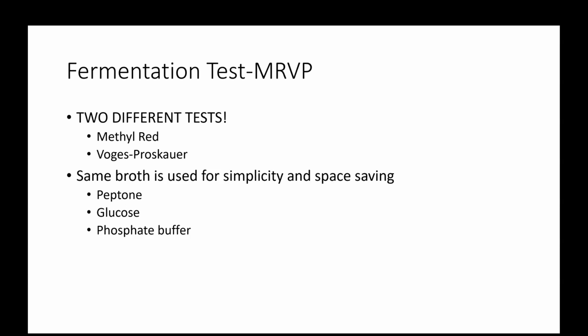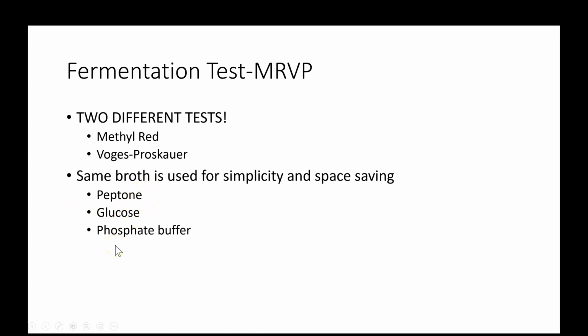The reason that we tend to chunk them together is that we use the same broth for both of these tests. And the broth is a very, very simple broth. We do this just for simplicity's sake so that we're only inoculating one tube. So we're saving time, we're saving space in the incubator, and so on. If you look at the recipe for the broth, it has peptone and glucose for nutrition for the bacteria.